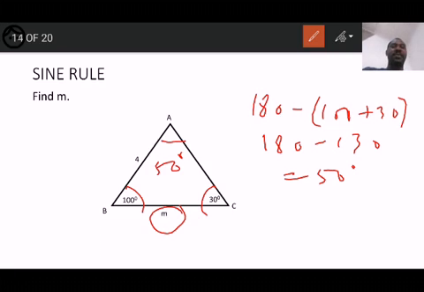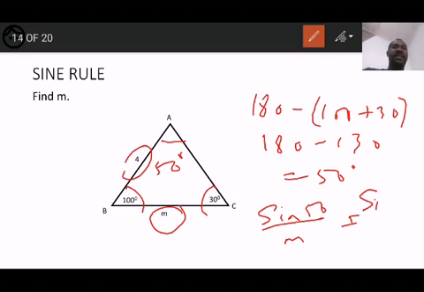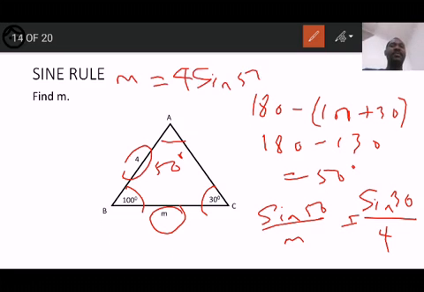In that case we can say that sine 50 all over M is equal to, the other side is 4 facing 30, so sine 30 all over 4. Making M the subject of the formula, by cross multiplication, M is equal to 4 sine 50 divided by sine 30.